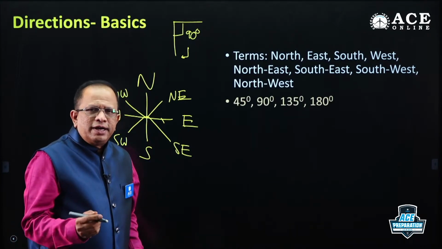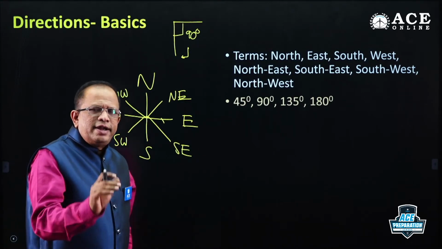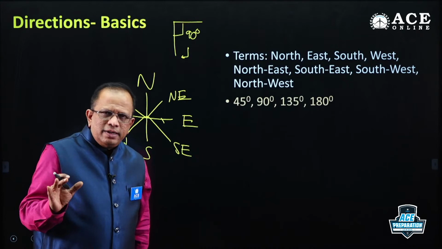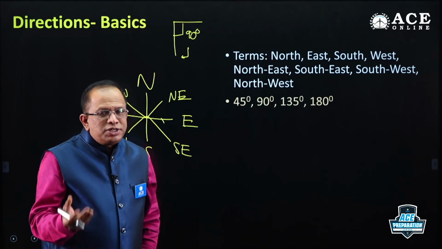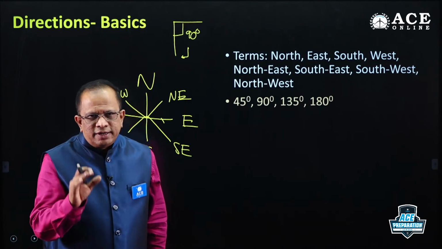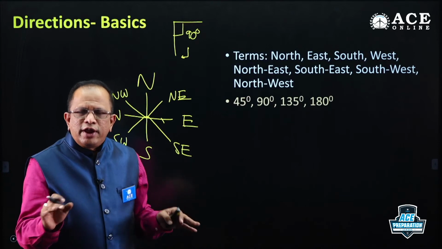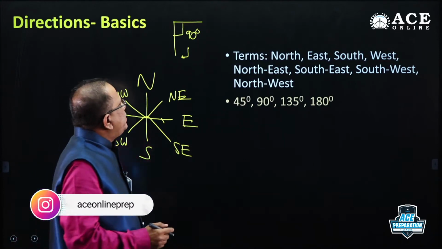Whenever we say right turn, it is a 90 degree right turn. That is the default value, right? Even though it is not mentioned as 90 degrees, if it is a right turn or left turn, we consider it as 90 degrees. That is the default value.